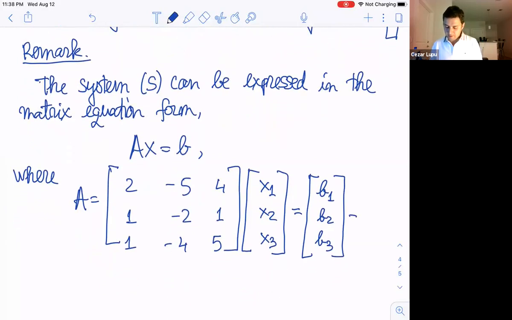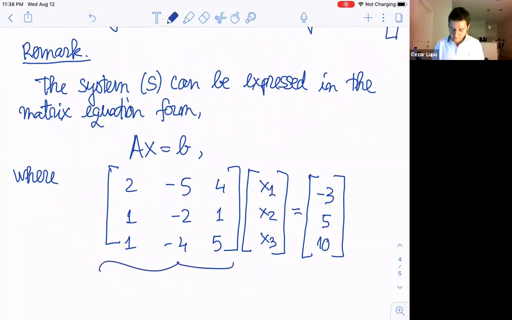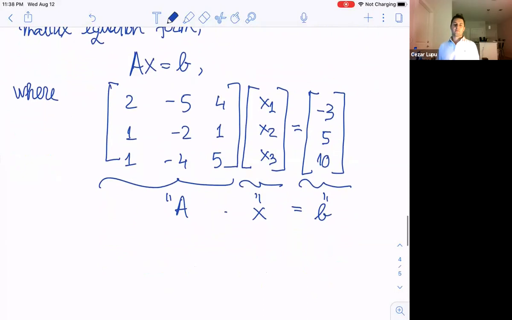And keep in mind that this B here, let me write it explicitly. It was negative 3, 5, and 10. So this is my B. Maybe I should write it like this, where this is A, this is X, and this is B. So that's the equation.